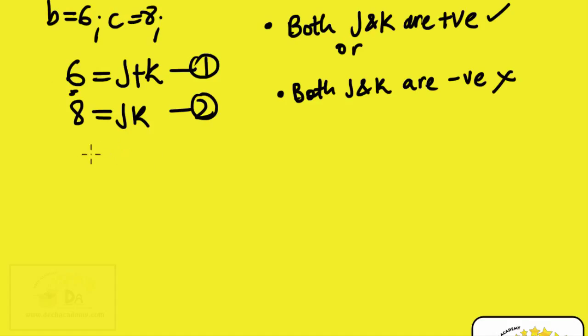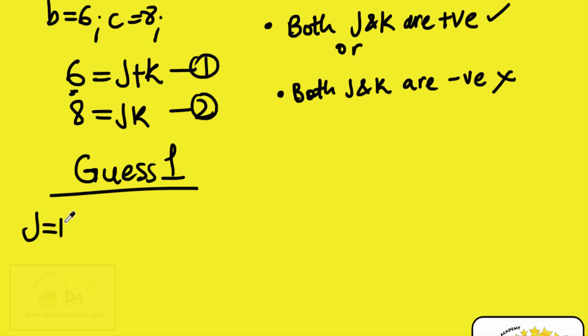Now to the guessing. So let's have our guess 1, our first case. Let's try j equals 1. When j equals 1, replacing j to determine the corresponding value of k that satisfies equation 1, replace j with 1 in equation 1, and this gives 6 equals 1 plus k, which can be simplified to give k equals 5.